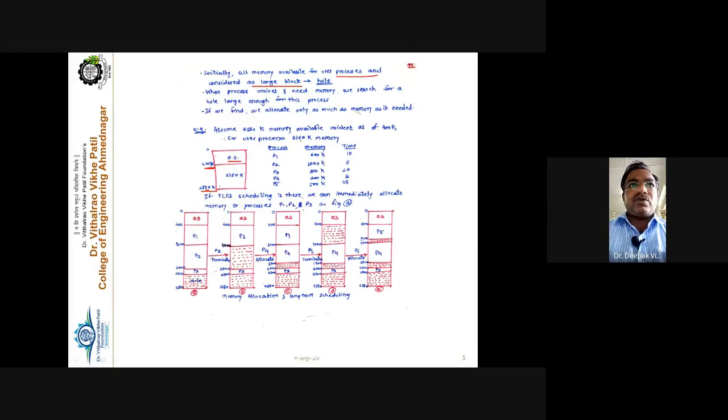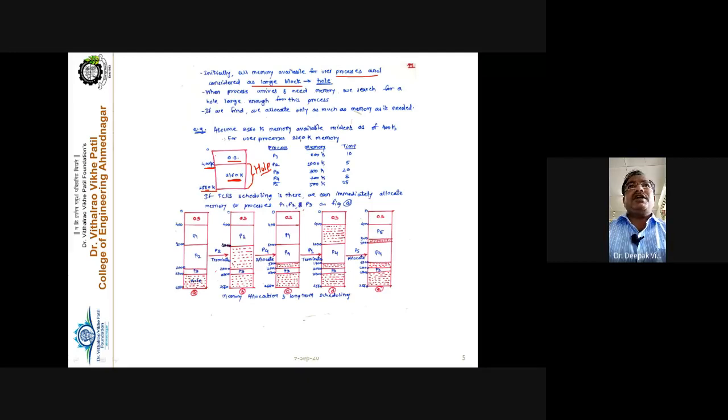Out of that, 400K is given to operating system processes, and 2560 minus 400, that is 2160K, remains for user processes. This memory block is called the hole, where all other processes can occupy memory and execute within the user area.